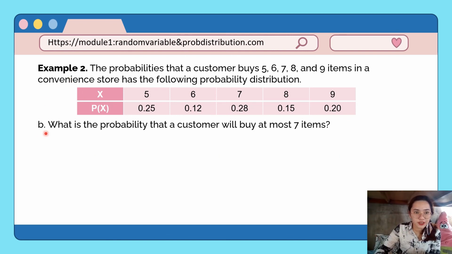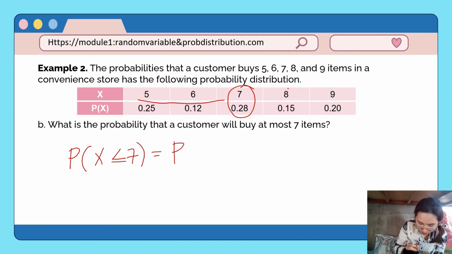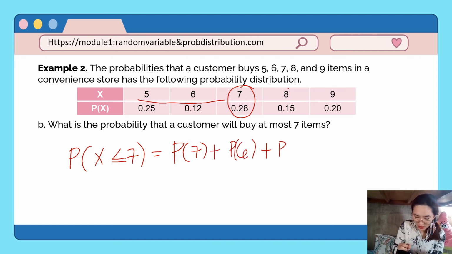Alright, for letter D, what is the probability that a customer will buy at most 7 items? At most. So, ibig sabihin, pinakamataas na yung 7 items. So, kung pinakamataas na ang 7 items, hindi nakasama yung 0.15 at 0.20 kasi ito na yung pinakamataas. So, ang hinahanap natin ay lahat ng nasa baba natin. So, in notation, we are looking for x less than or equal to 7. So, ipag-add lang natin yung probability ng 7, probability ng 6, at probability ng 5.